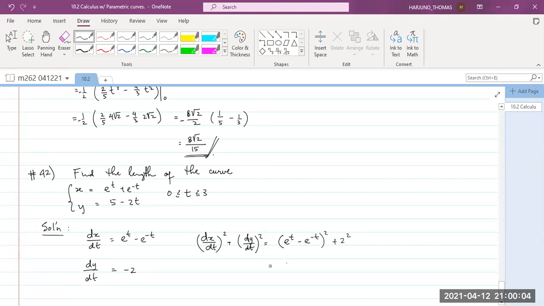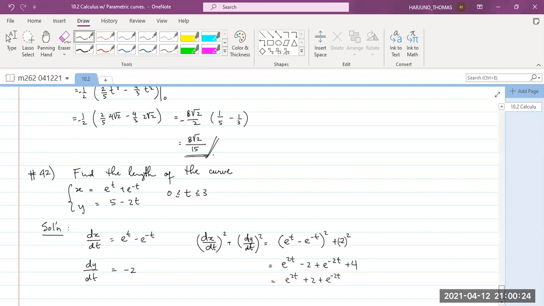So this will be e to the 2t minus 2 plus e to the negative 2t plus 4. That is e to the 2t plus 2 plus e to the negative 2t.